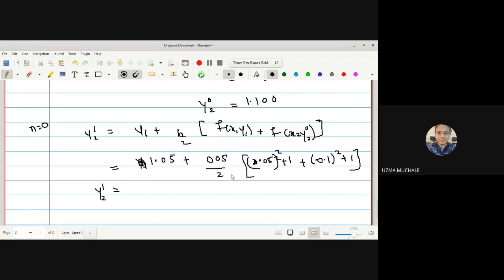There is no use of y in the function f of xy, hence we are getting like this. 1.0753. Yes, everyone getting the same answer?